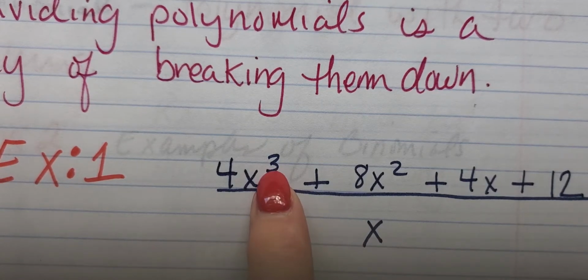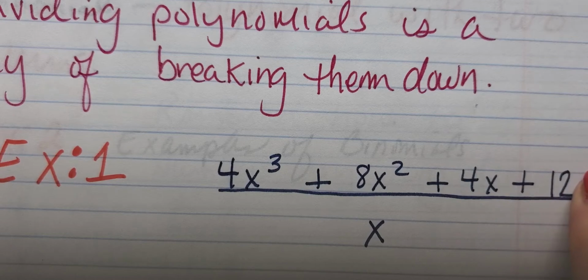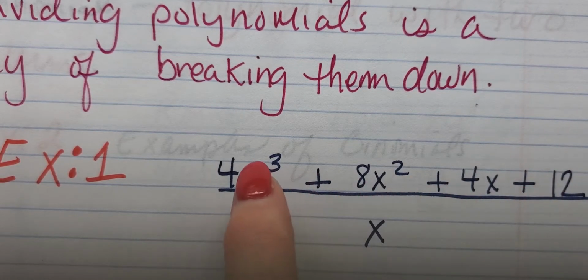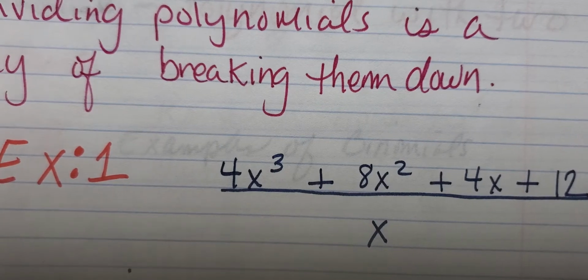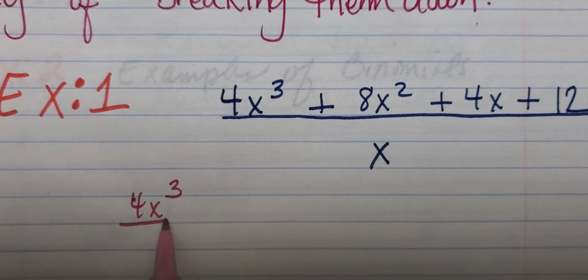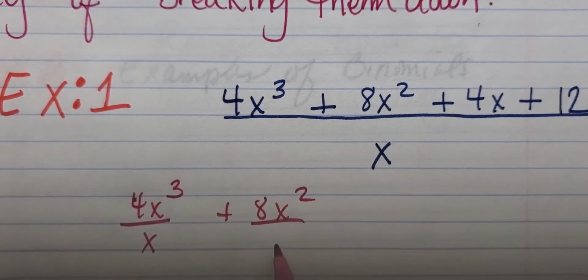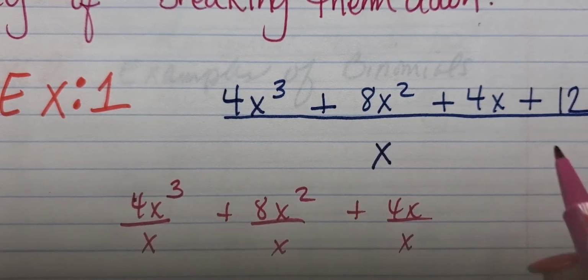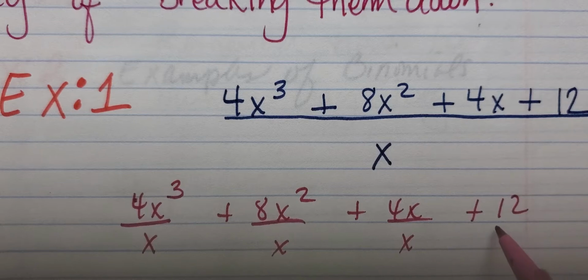Okay, so this is called a cubic polynomial, and I'm going to do this the way I did it in the last section. I'm going to take 4x cubed and divide it by x, plus 8x squared divided by x, plus 4x divided by x, and plus 12 divided by x.